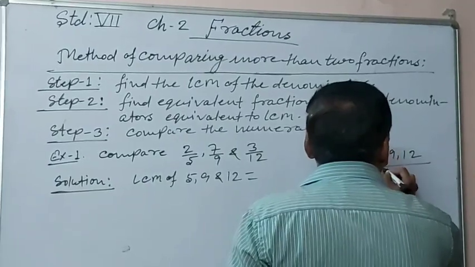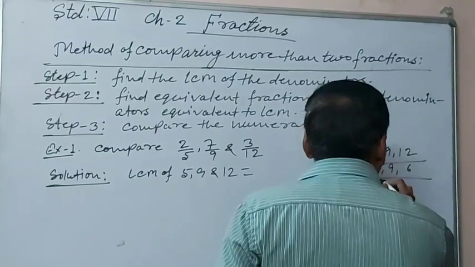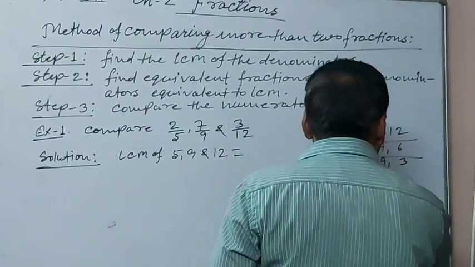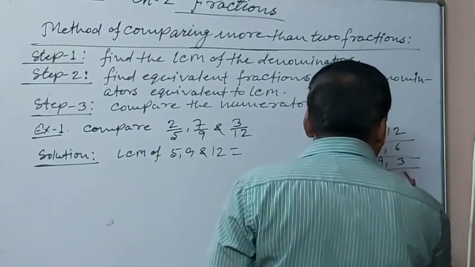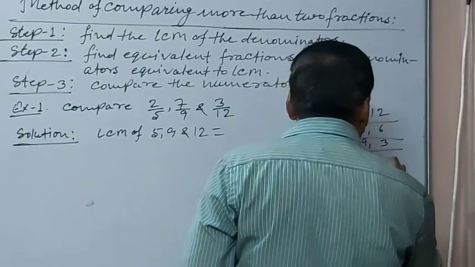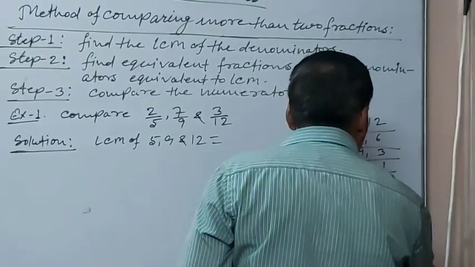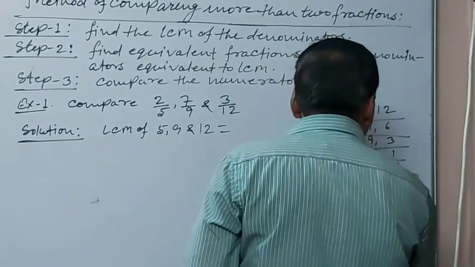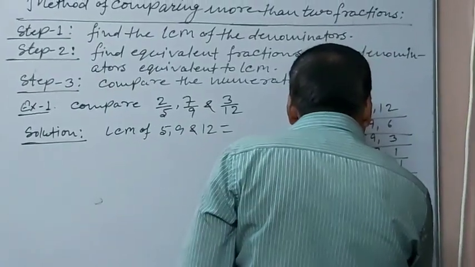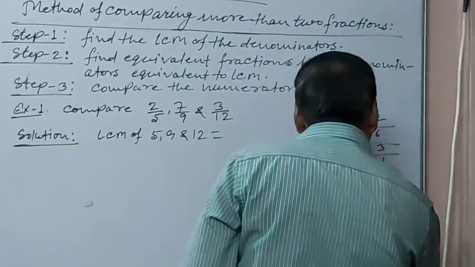Divide it by 2. 5, 9, 6. Again 2. LCM equal to 2 into 2 into 3 into 3 into 5.